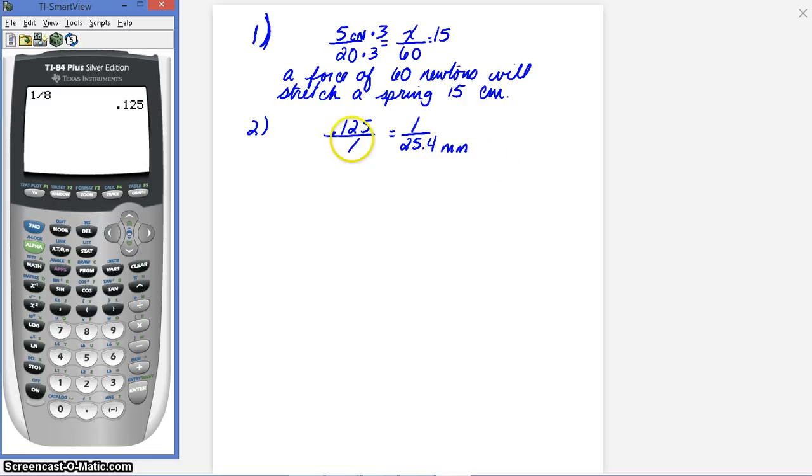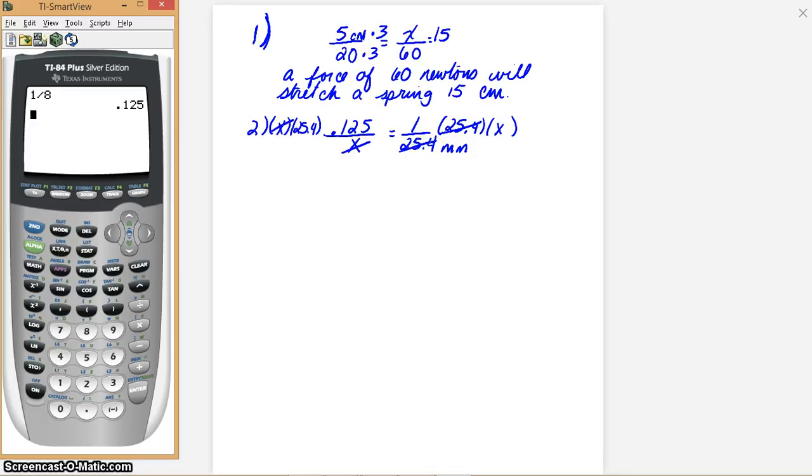So this is what we're looking for here. This one is a little harder to solve. We can't just multiply the denominator unless you're really good with maths. So we're going to do it the way I told you, where we multiply both sides by both denominators, 25.4 and x, because you have to do the same thing to both sides. Then on the one side, the 25.4 cancel. On the other side, the x's cancel.